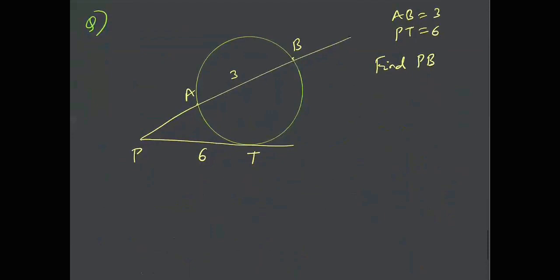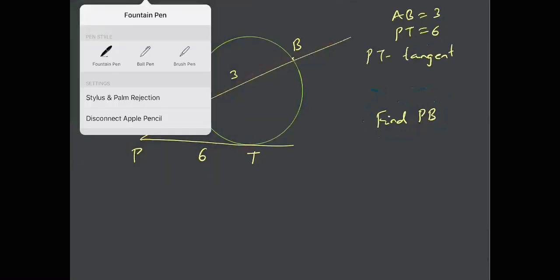Do this question. Very simple question on the direct formula. PT is the tangent here, okay? PT is the tangent and PB is the secant. So if you get the answer, then let me know in the chat.